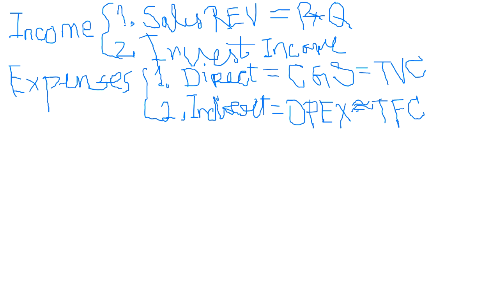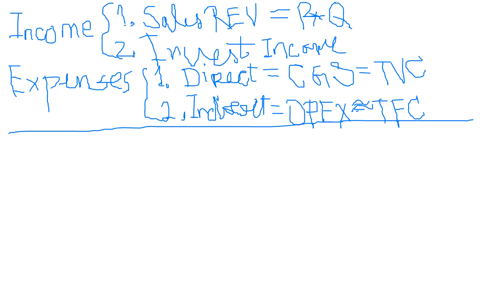Now it's time to understand what CGS is. It means cost of goods sold, so the cost we are talking about is the direct cost. And what is the direct cost? The cost of direct inputs of production, as we discussed in the last video.